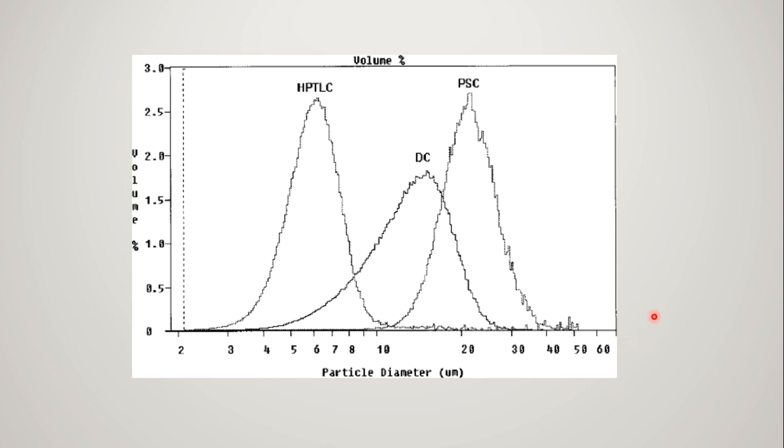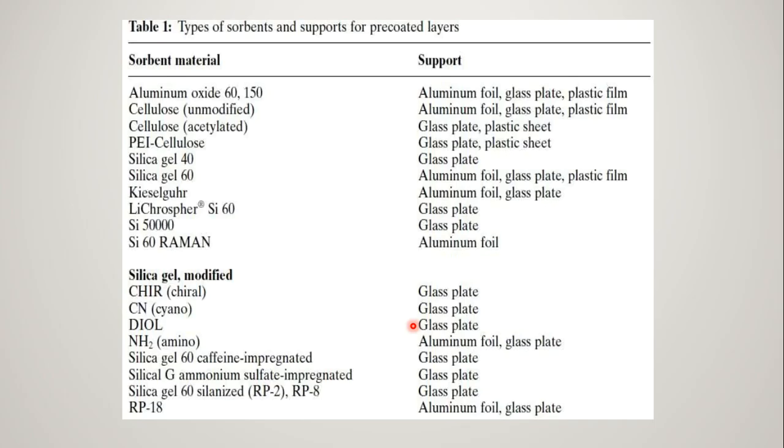But for the TLC technique, thin layer chromatography, the average particle size is almost 10 to 11 micrometer. So these are the tables shown for various sorbent or adsorbent materials used for TLC plates, types of sorbents and supports for pre-coated layers.